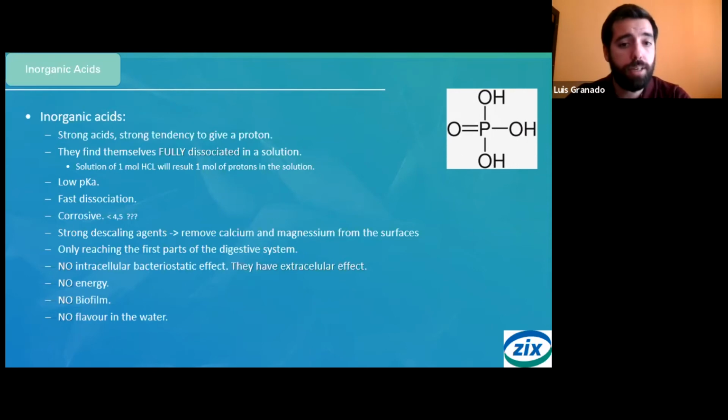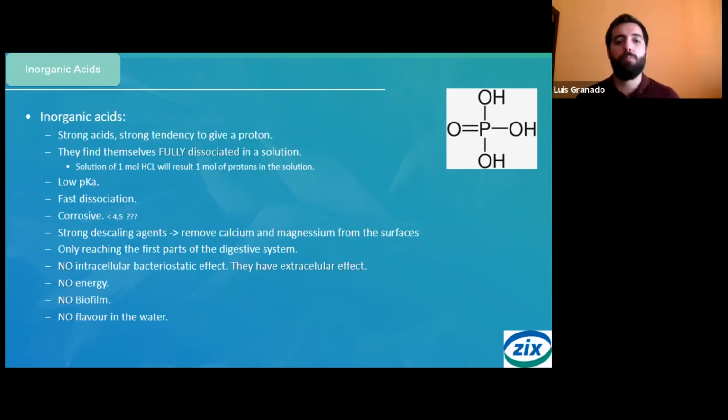They do not add energy, but this is also an advantage, okay? I mean, it can be a disadvantage because they have no nutritional value at all, like the organic acids would have, but this helps with biofilm, and this is very important.